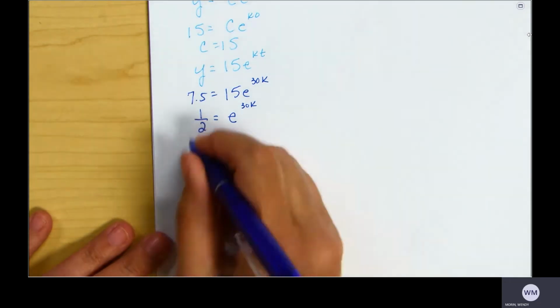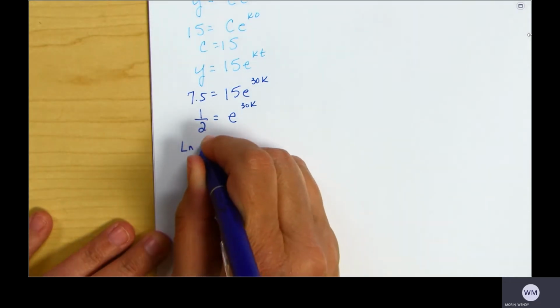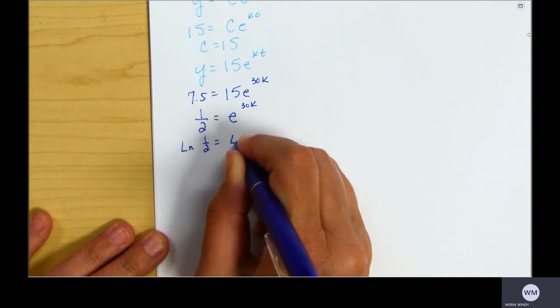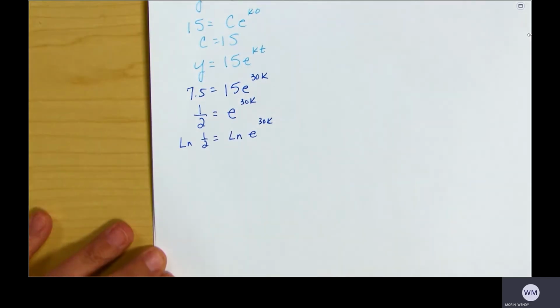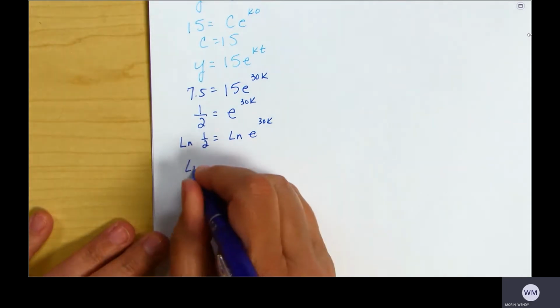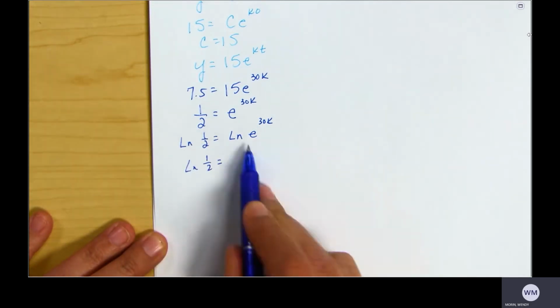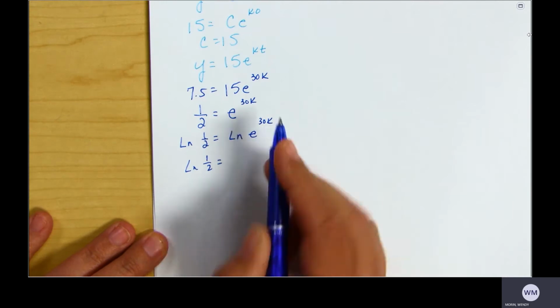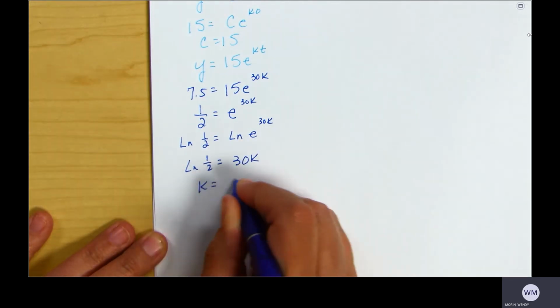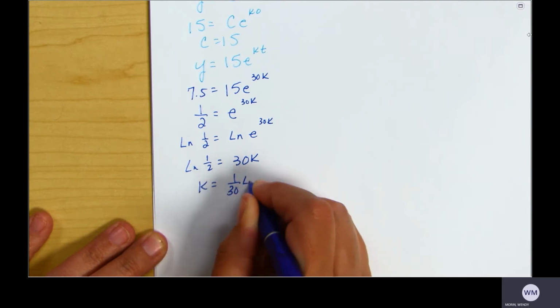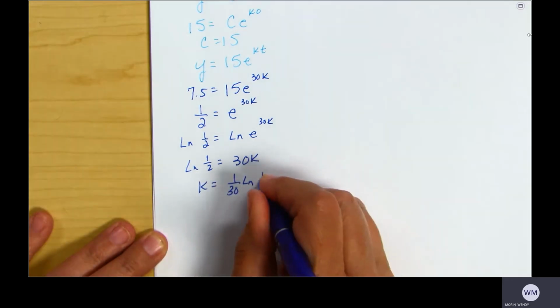Another way is just taking the natural log of both sides. That is also another method for solving an exponential equation. You take your pick. So the natural log of 1/2, the natural log of e to the 30k is 30k. So k is 1/30 times the natural log of 1/2.